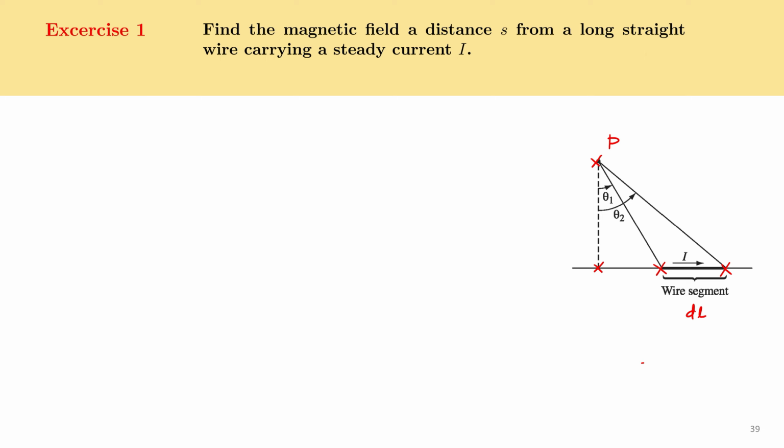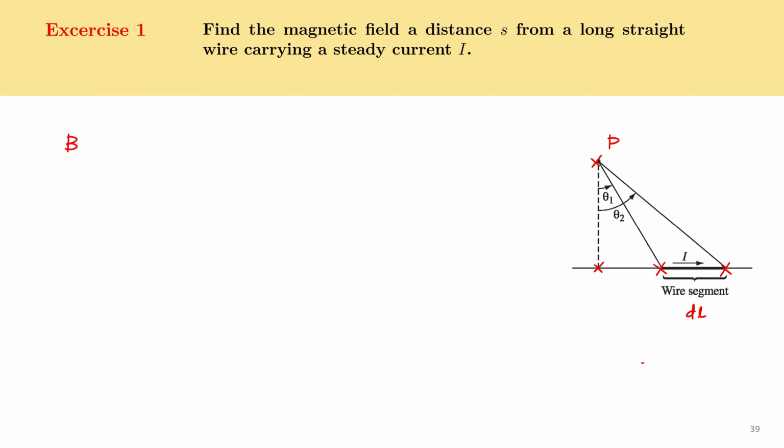Now we'll take theta 1 as the angle that the starting point of the wire segment of length dl makes with a perpendicular drawn from the point P to the wire. Similarly, theta 2 is the angle that the end point of the wire segment makes with respect to the perpendicular that is drawn from point P to the straight wire.